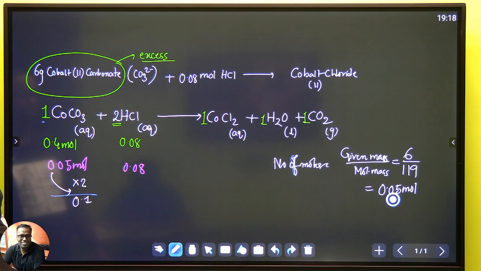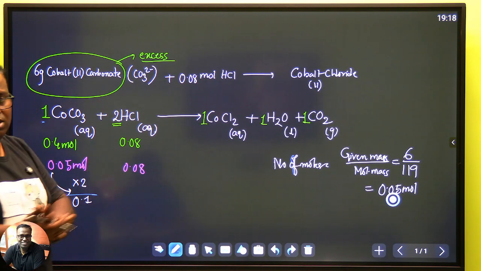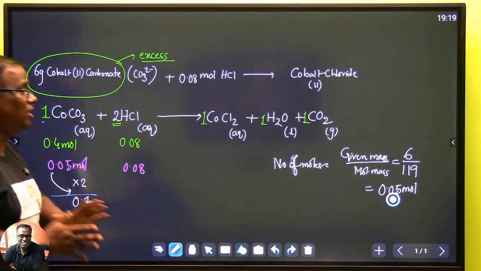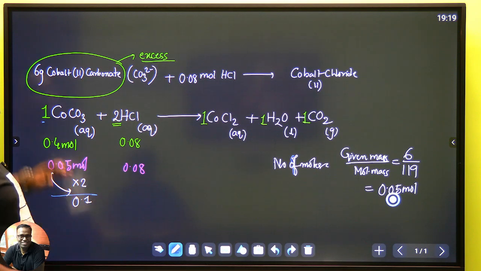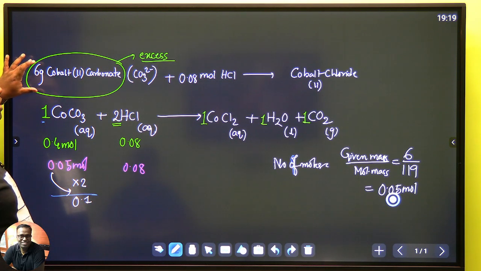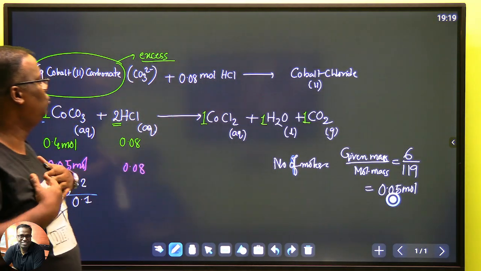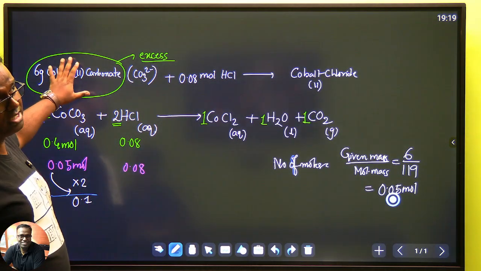So 0.08. Okay, just look at the board once. Let's go through this problem once again. And I'm sorry, this is my mistake, children. We are given 6 grams of cobalt carbonate that reacted with 0.08 mole of HCl, and we have to prove that cobalt carbonate is in excess.